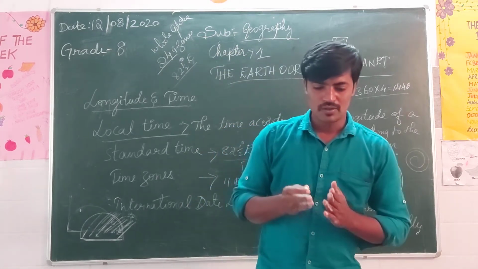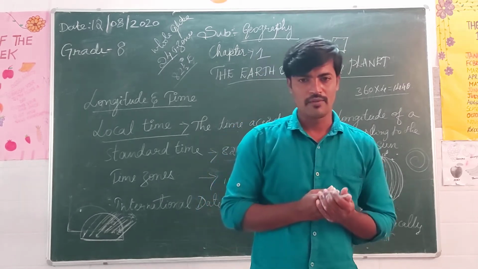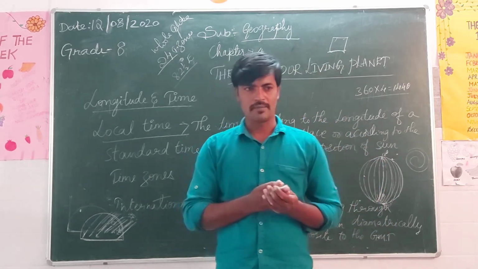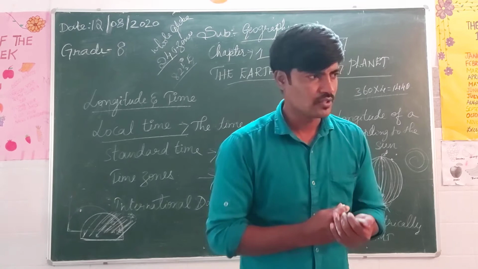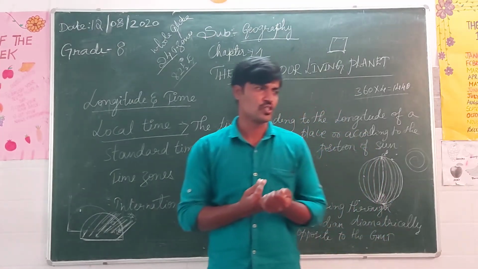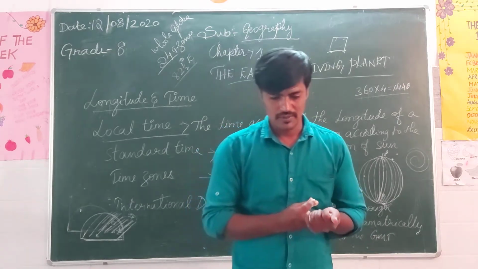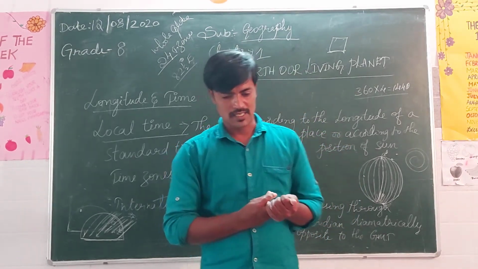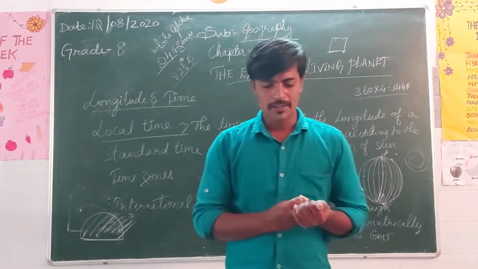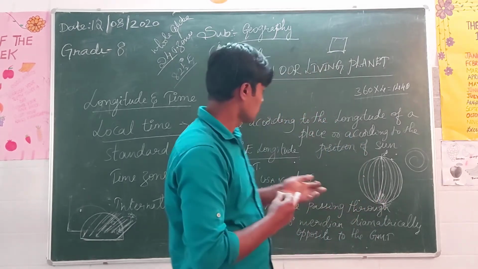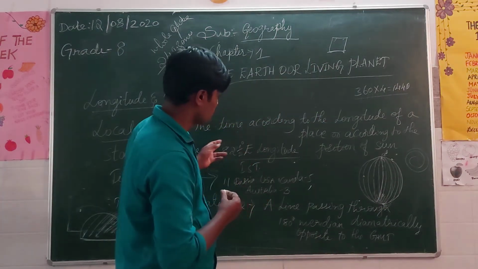So the standard meridian passes through Allahabad, and that 82.5 degrees east is known as IST, Indian Standard Time. Of course, it is fixed based on the meridian.